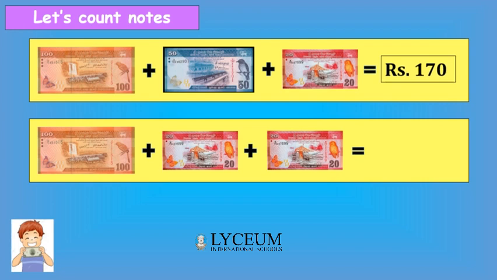So 100 and 20 makes 120. Now you keep 120 in your mind. For 20 rupees you take 2 fingers and we are going to count. 120, 130, 140. So the answer is 140 rupees.